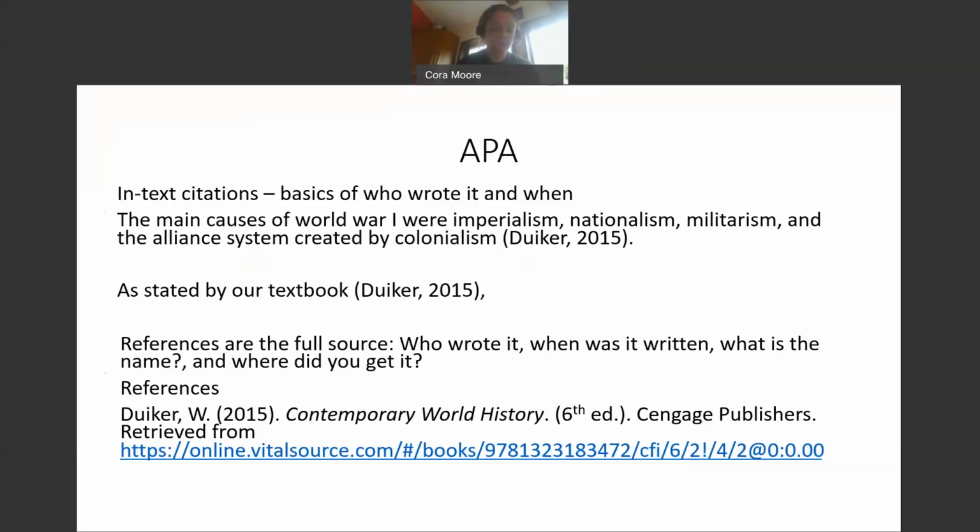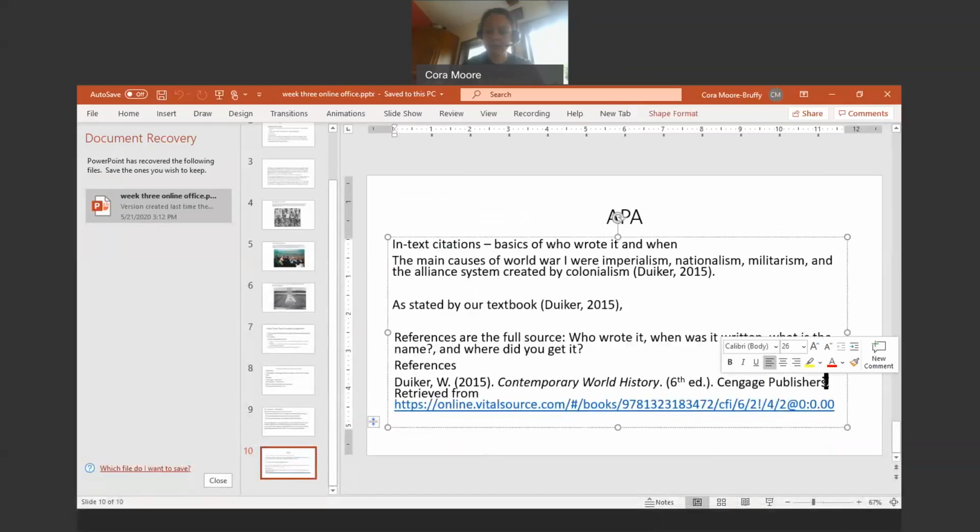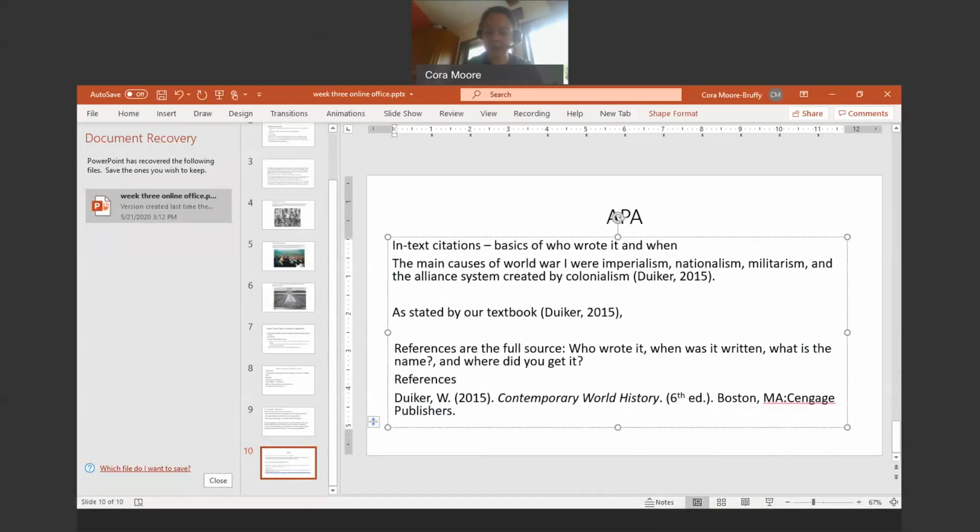Now, let me real quickly show you guys this. I can't remember the name of the town. I think it's Boston, Massachusetts where Cengage is. But if I were to do this as the hard copy book, which probably most of you have, I would do it like that, because you see that information, we're following that formula.